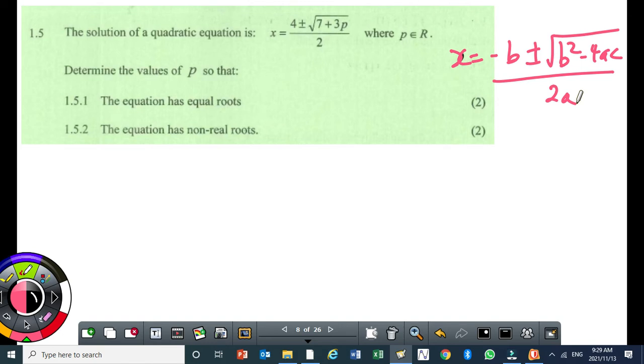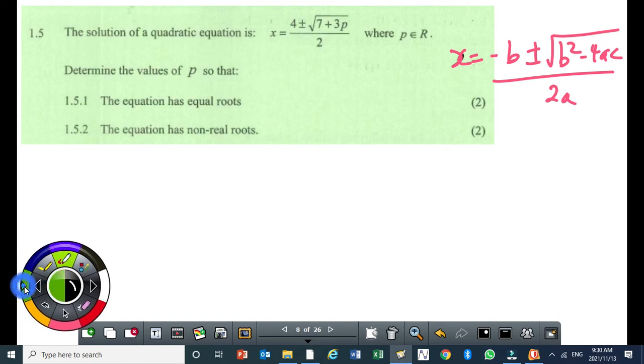The expression inside the square root, b squared minus 4ac, is called the discriminant. And that's the expression which is used to determine the nature of the roots of that quadratic equation.